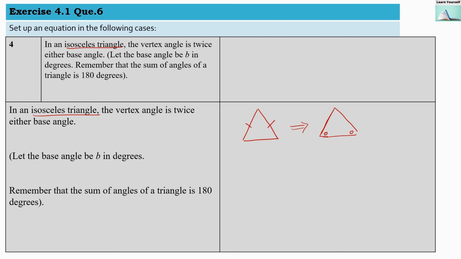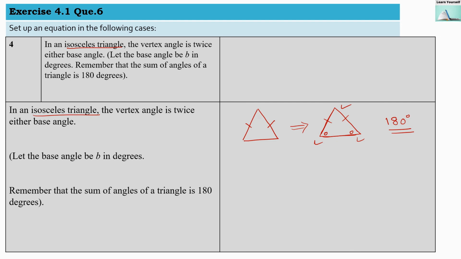The measures of these angles are equal because these two sides are equal. Now the sum of all three angles is 180 degrees in all triangles. So 180 degrees will be the sum of all the angles in this triangle.